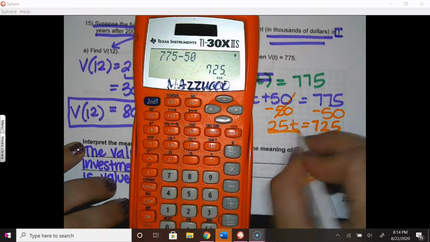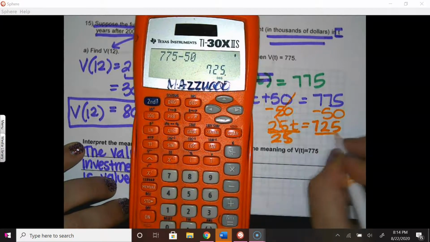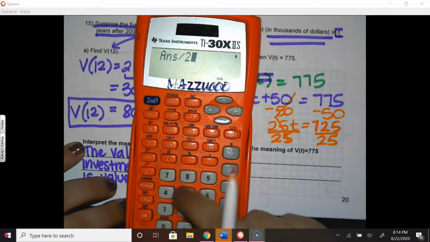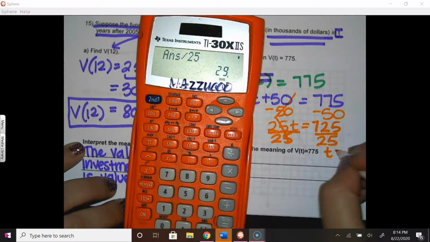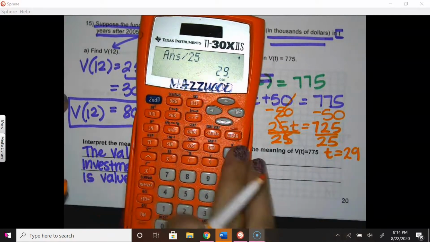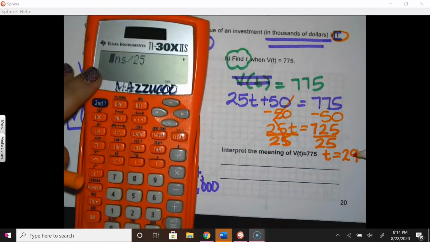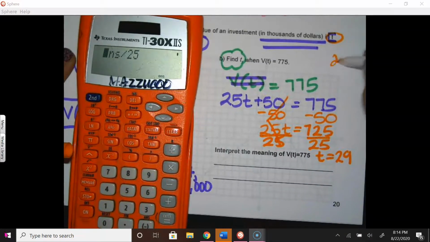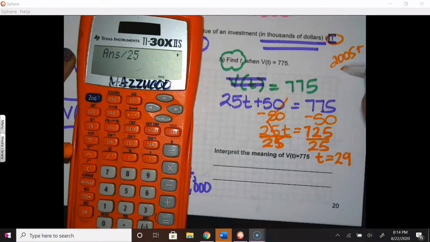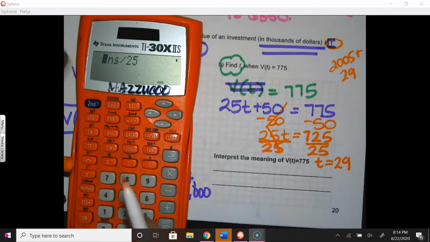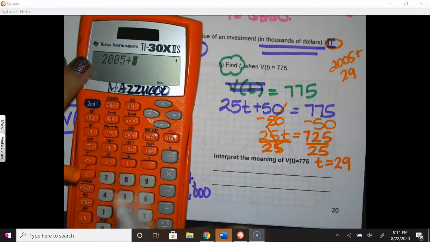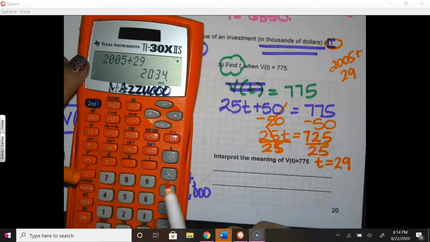Then divide both sides by 25, and we get t equals 29. Remember, t is how many years after 2005, so 2005 plus 29, so 2034.